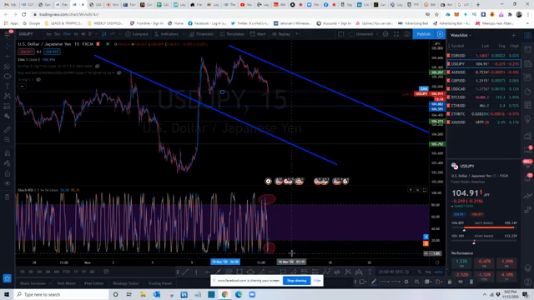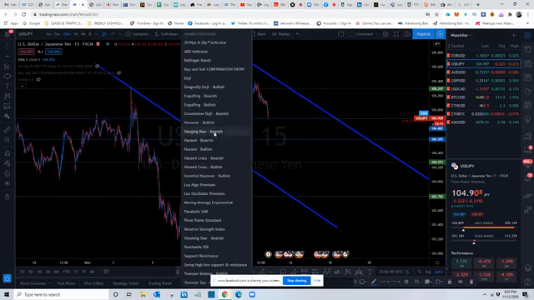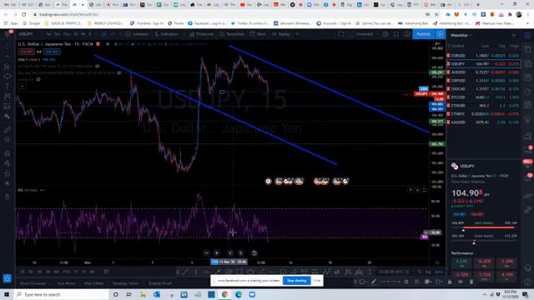So now that I kind of know that, I'm going to go to the regular relative strength index. And now we see that price is below the 30 line. So it lets me know it's probably going to go up to the 50 line, just a tad bit, since it is below the 50 line.